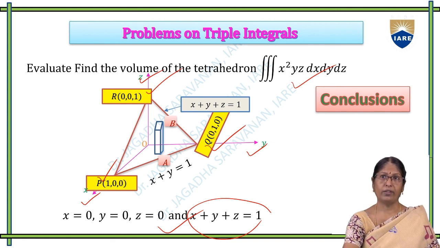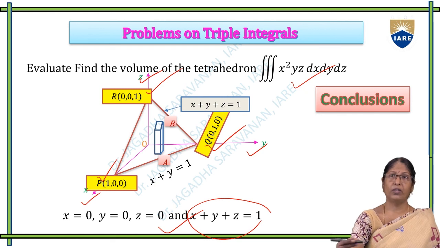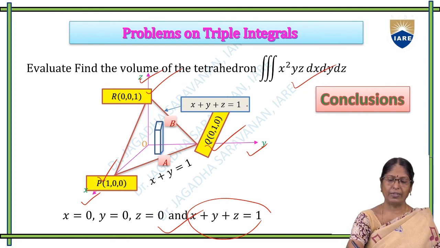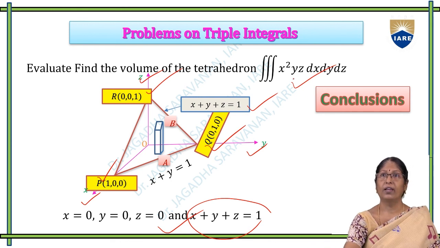To evaluate, we have taken a vertical strip for this. Putting together the total 3-dimensional picture, the equation of the xyz plane is x plus y plus z equal to 1.